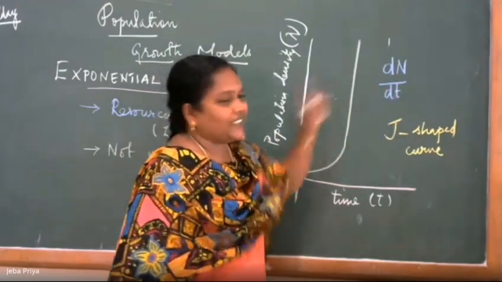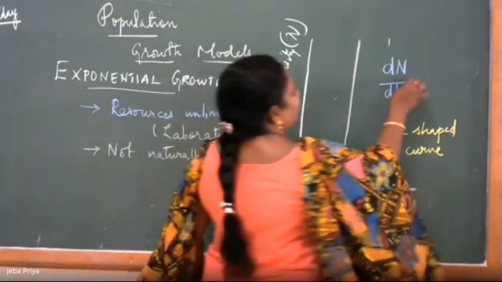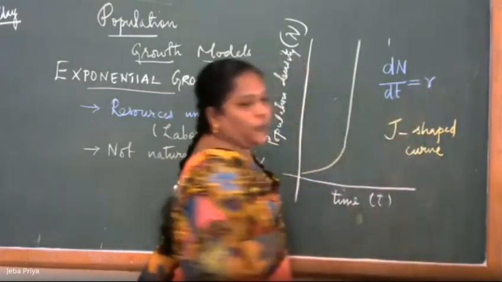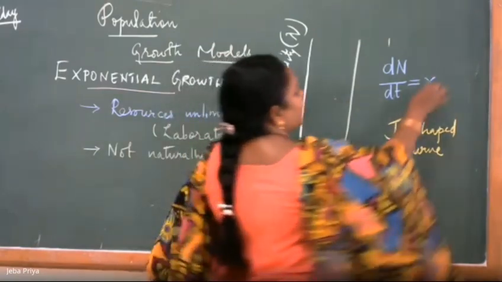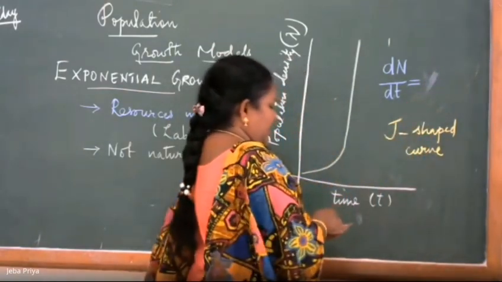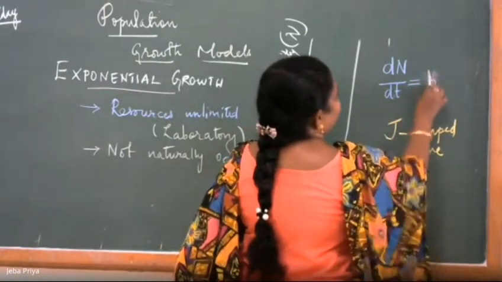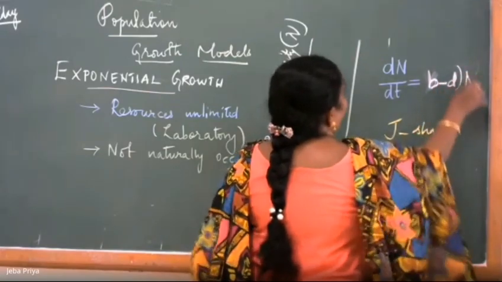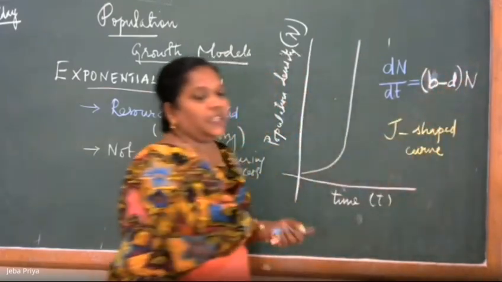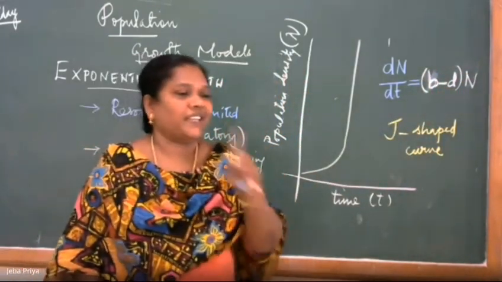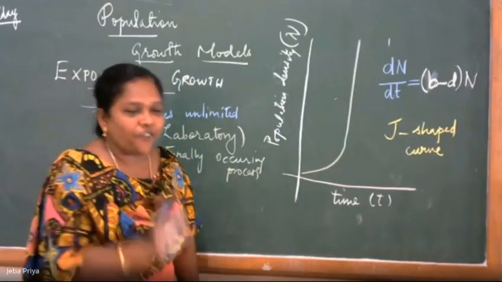The formula given here is dN by dt is equal to rN, or dN by dt is equal to (b minus d) into N. What is this b minus d? Birth rate minus death rate. This is the formula you have to learn.